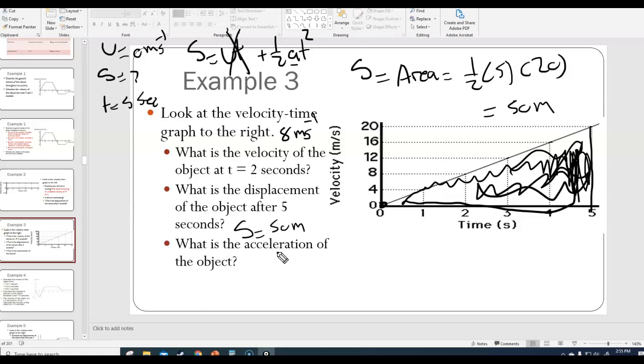What is the acceleration of this object? Well, on a velocity time graph, you calculate acceleration by finding the slope. Alright, so this slope, I can see right away, that's going to be, the graph goes up 20 from 0 over 5, so 20 over 5 would be 4 meters per second squared.